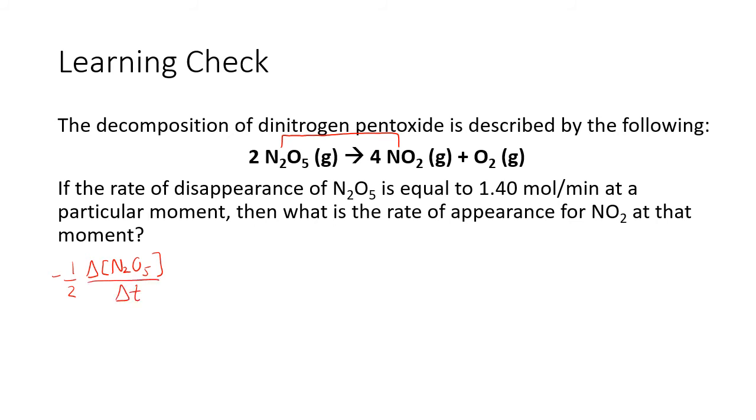So change in concentration over change in time is equal to positive 1/4. The coefficient out in front of NO2 is 4, and it's a product, so it's appearing, hence why it's positive, times the rate of formation of NO2, or change in concentration of nitrogen dioxide divided by change in time.